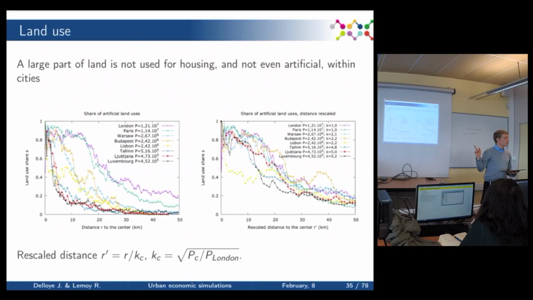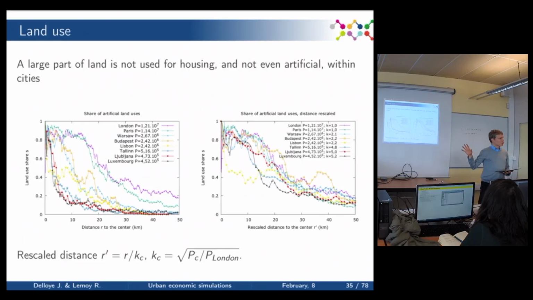So the numbers given in the legends are the population sizes of those cities. And then you have three even smaller ones, Tallinn, Ljubljana, and Luxembourg, roughly 500,000 inhabitants. And you see that very close to the center, most of the land is artificial, almost 100%. But this falls quite quickly. It falls actually more or less exponentially.